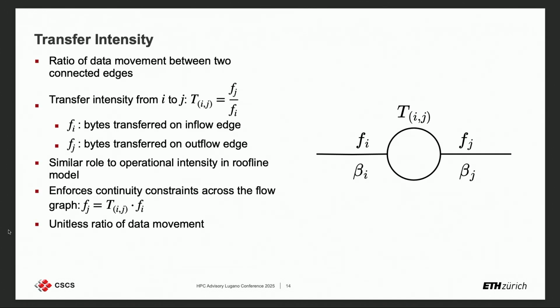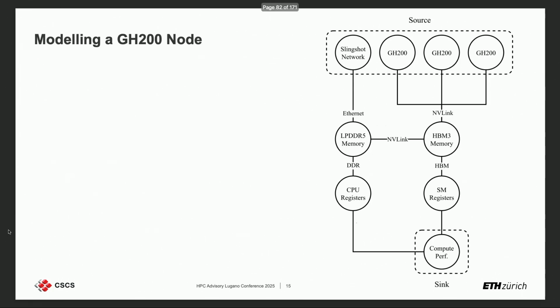Now, the next step is, okay, we derived roofline analysis by looking at a very simple linear graph. Nothing is stopping us from using a different graph that incorporates more information, and we just solve the problem in the exact same way. So right here I have one possible approximation of a Grace Hopper node in the Alps system as a flow graph.